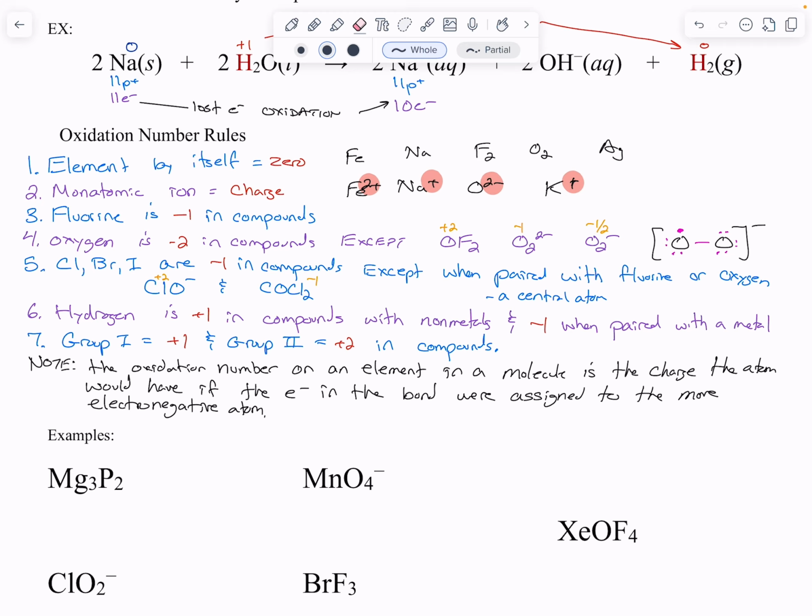Okay? And so we'll do some examples. Now, how I like to do this. If I have X, Z, up here are my oxidation numbers, and they add up to the charge.